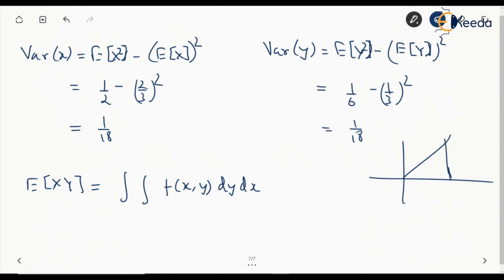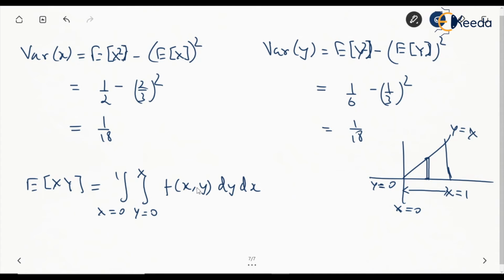Of course we know this is y equal to x, this is x equal to 1, and this is y equal to 0. While integrating in terms of y and then x, we need a vertical element, and this vertical element starts at y equal to 0 and ends at y equal to x. So the limits are y equal to 0 to x, and the region defined for this vertical element is x equal to 0 to x equal to 1.